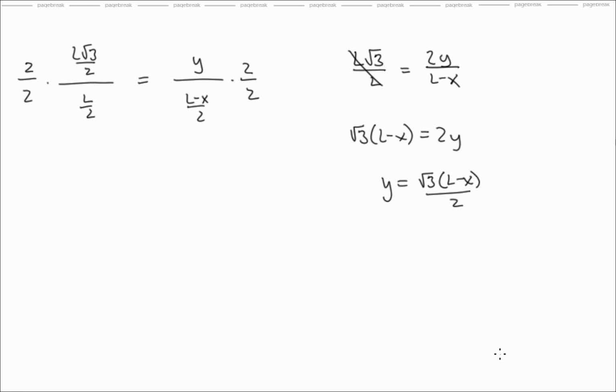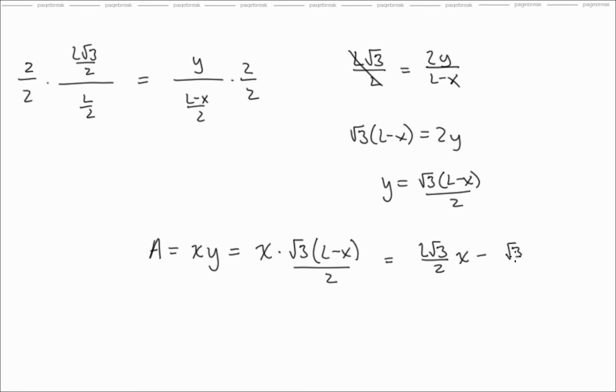And so then our area function, which is equal to xy, is now equal to x times radical 3 (L minus x) over 2. And so simplifying this, we get L radical 3 over 2 times x minus radical 3 over 2 times x squared.